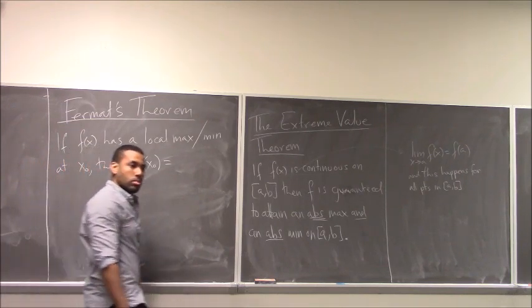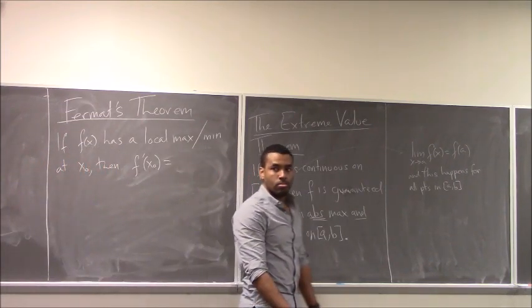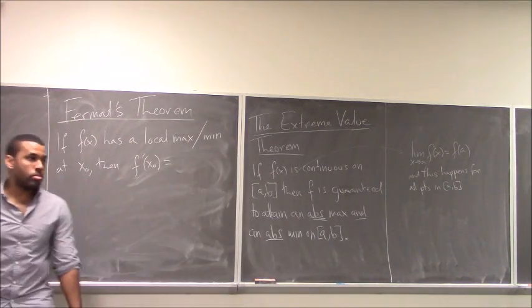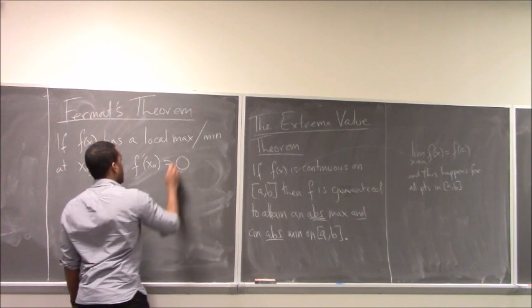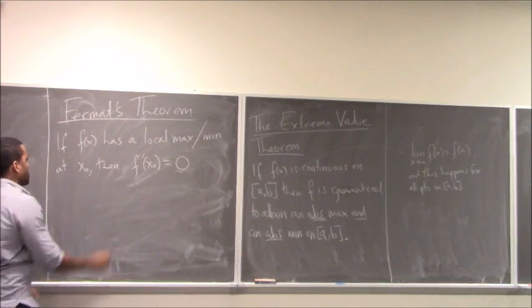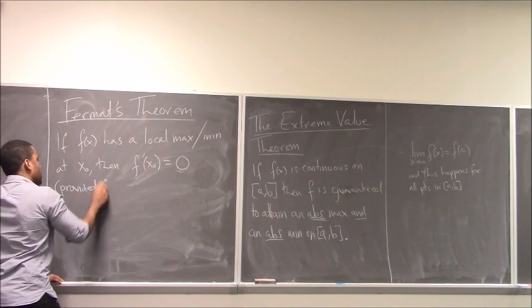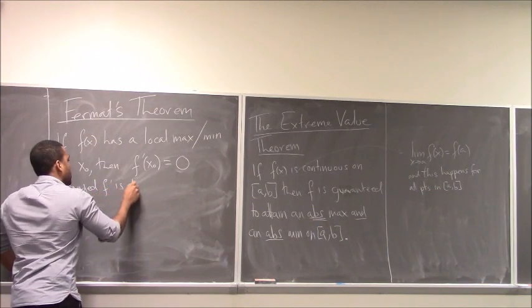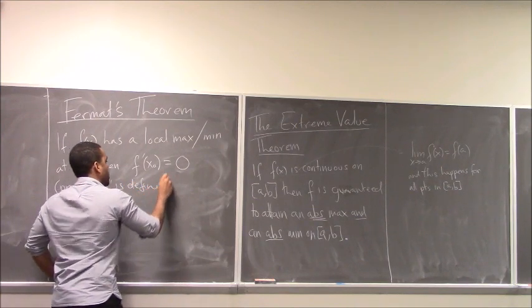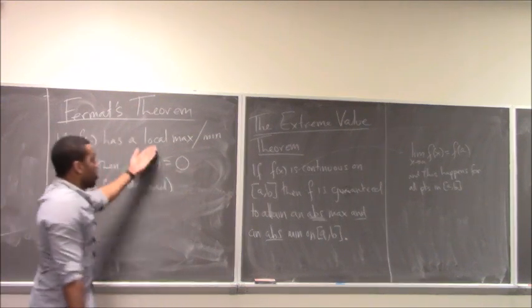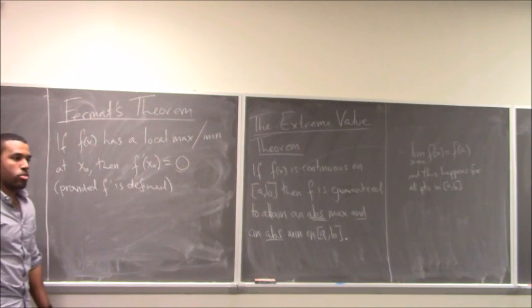Does anyone know? It will be 0. Right, as long as the derivative is defined, and you know you have a local max or min somewhere, it turns out the derivative will be 0.